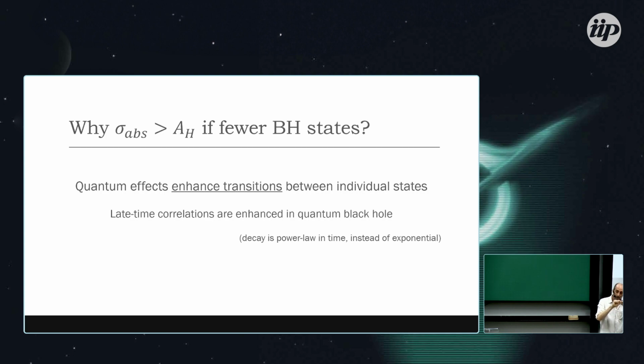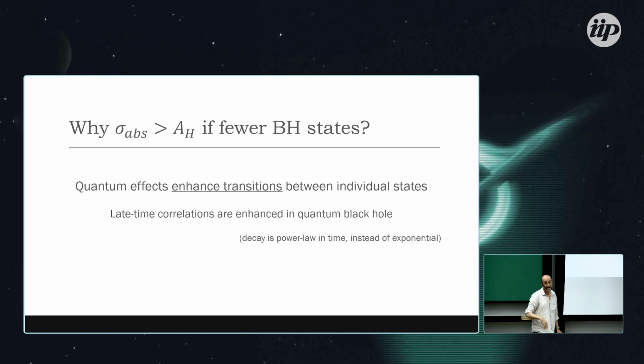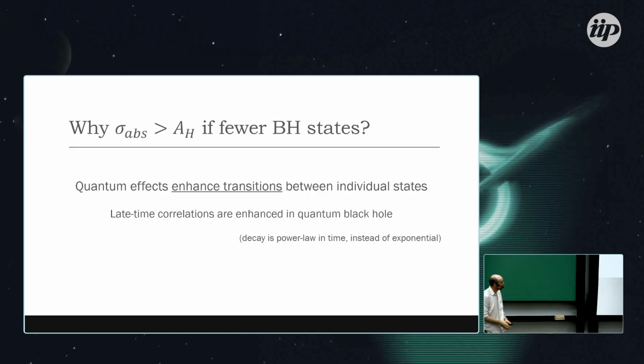If you're absorbing, then you're going from some energy to some higher energy, and then you have more states. So the suppression from having fewer states is stronger when you're going to lower energies than when you're going to higher energies. I think that's the reason behind Hawking radiation emission being suppressed, whereas absorption is enhanced.